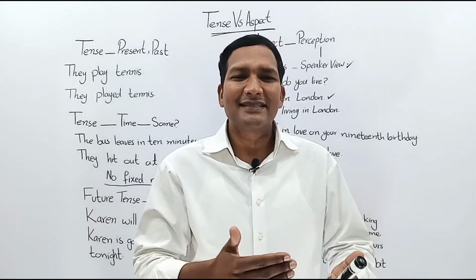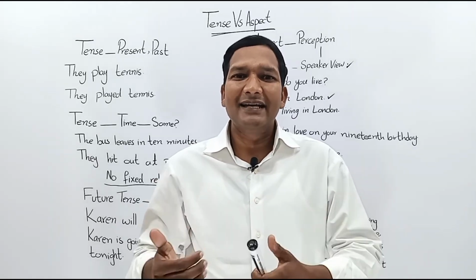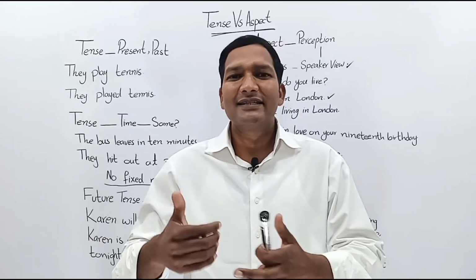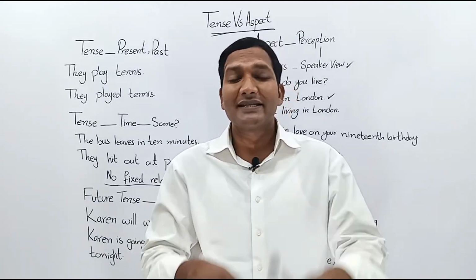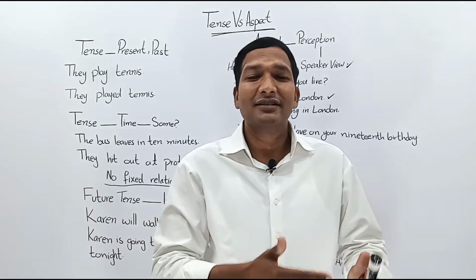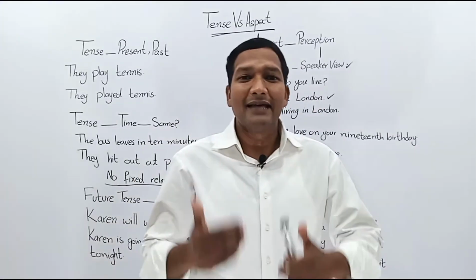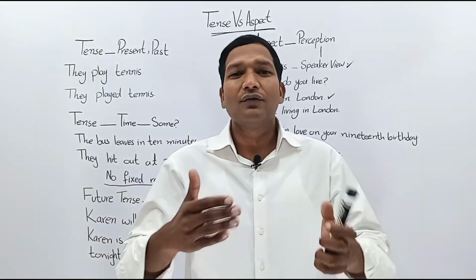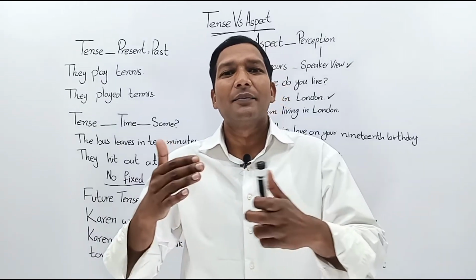The next sentence, you have fallen in love, tells us that the event is a recent one and it is also relating the past to the present. The next one, you are falling in love, tells us that the event or an action is in progress.